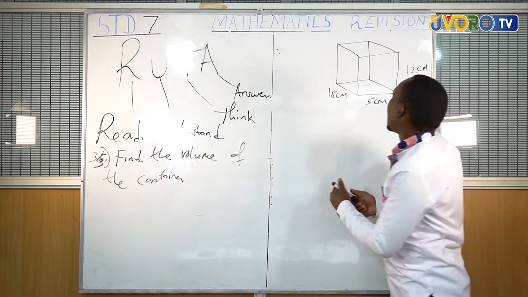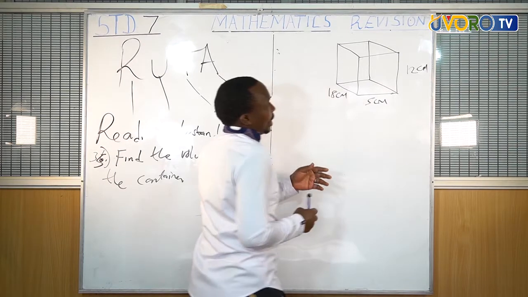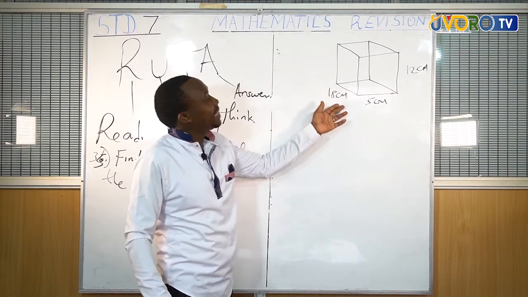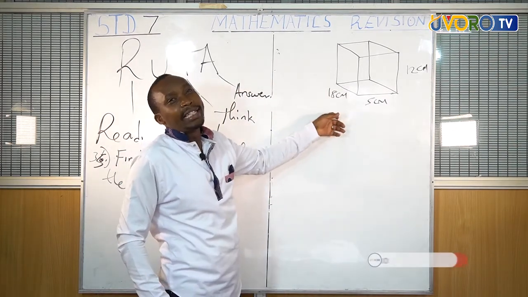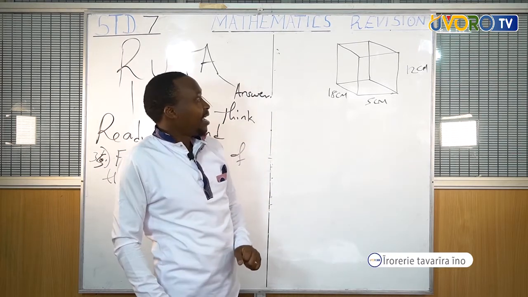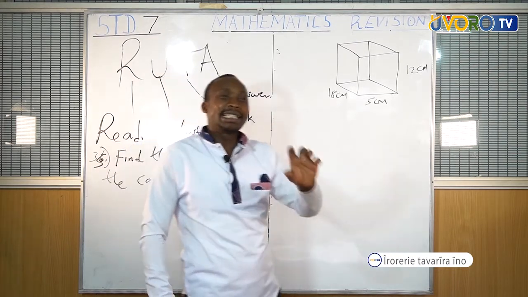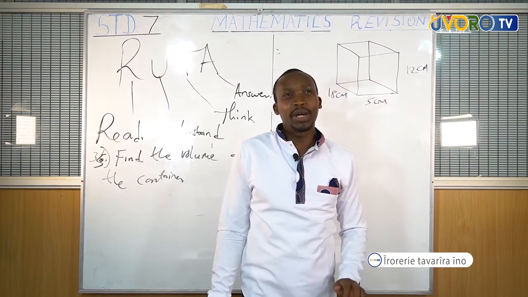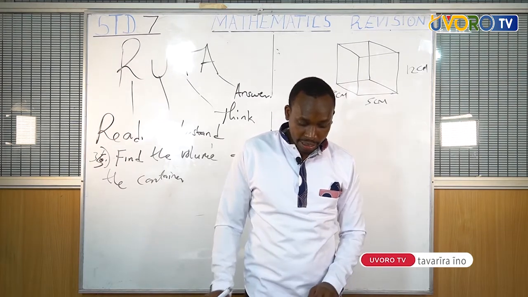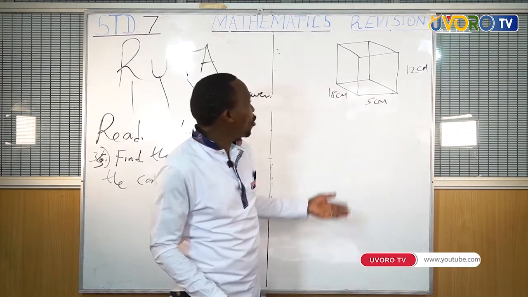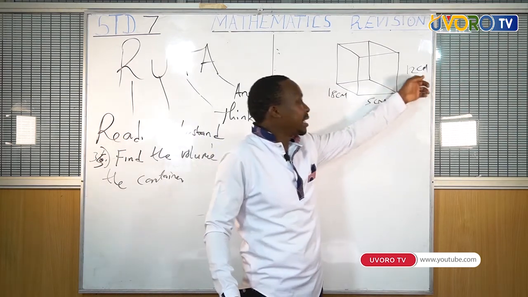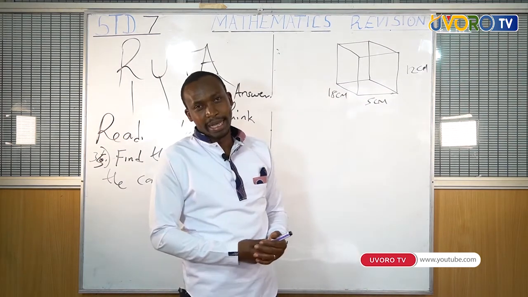The dimensions show that it is not a cube. Why is it not a cube? A cube has all sides equal. That is why it is called a cube. But this one is a cuboid because this side is not equal to this and this is not equal to this. Are we together?